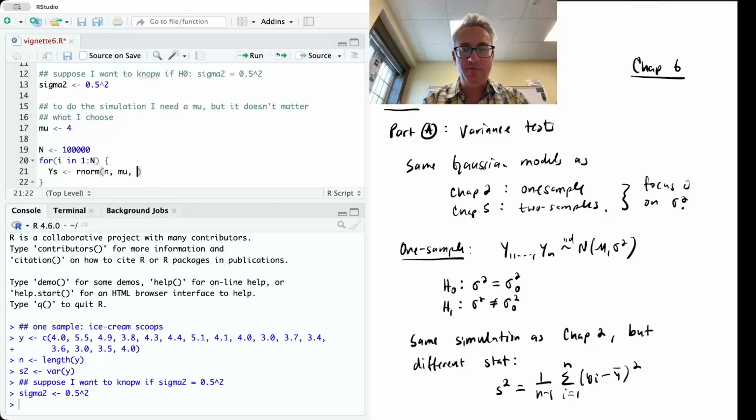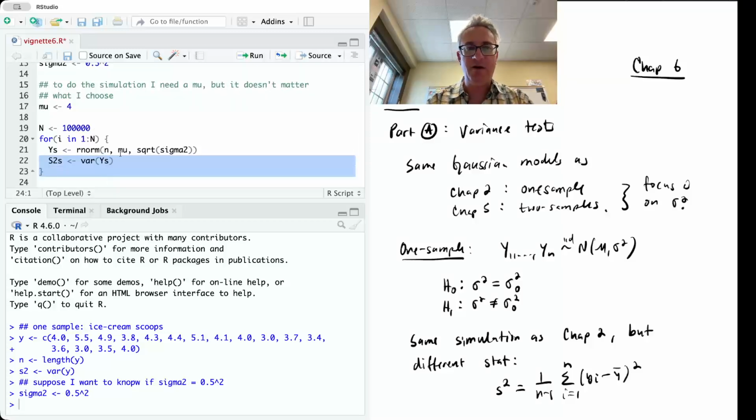And then I got to put in the value of sigma squared from the null hypothesis. Then I'm going to save a statistic that is my estimate of s squared. So that's a var of ys. I'm going to save that statistic. This is the only line that's different from the simulation in chapter 2.